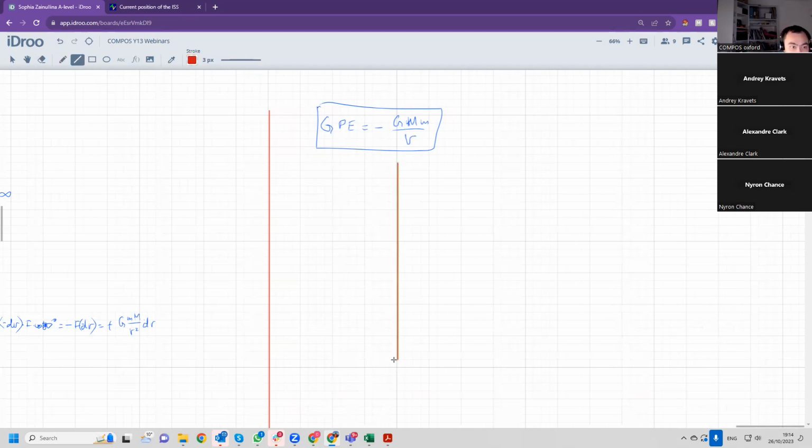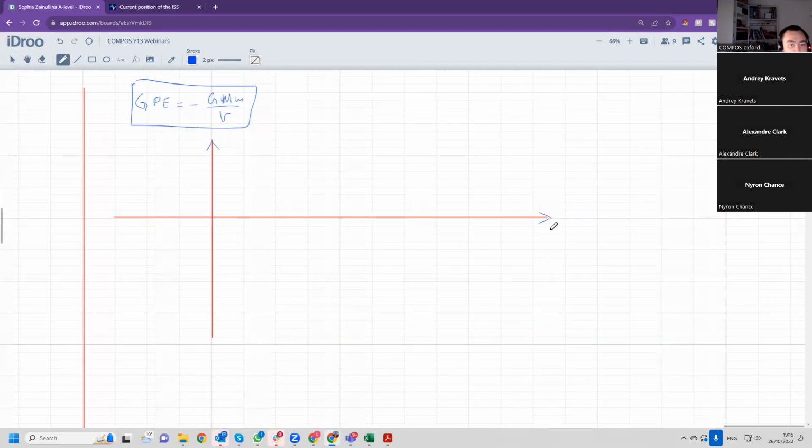We can say that this is R, and this is the gravitational potential energy. And it's negative, first of all. And as we approach infinity, it approaches 0.